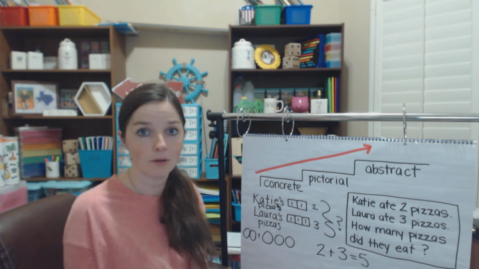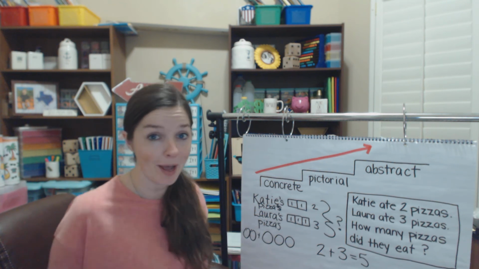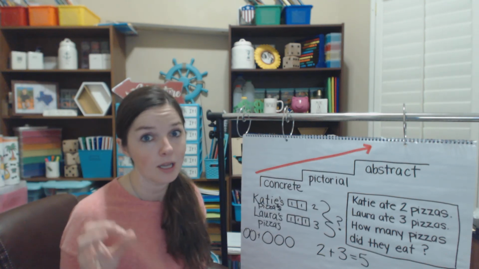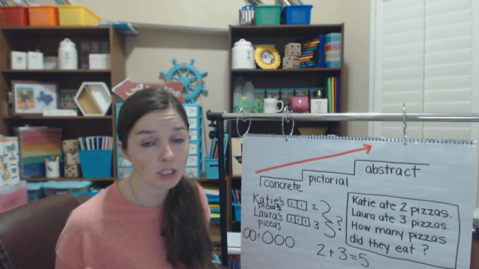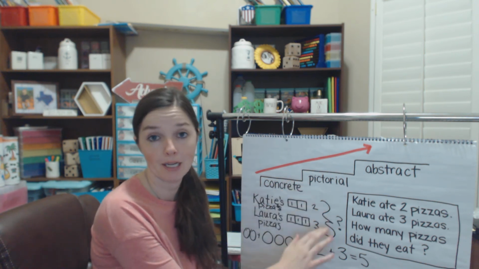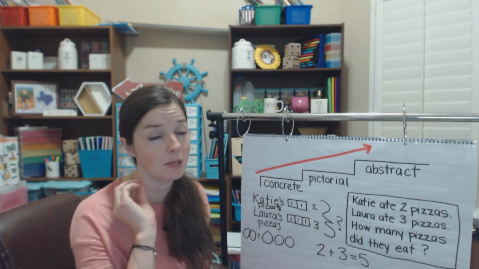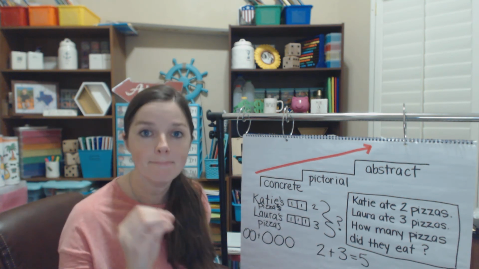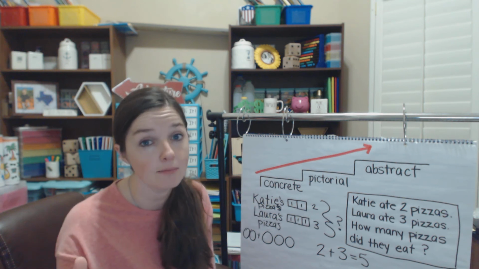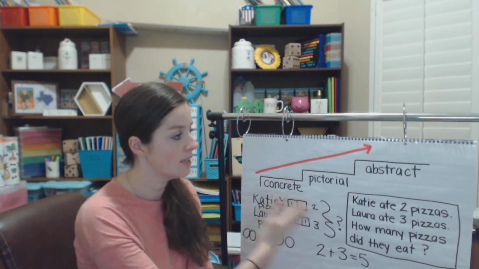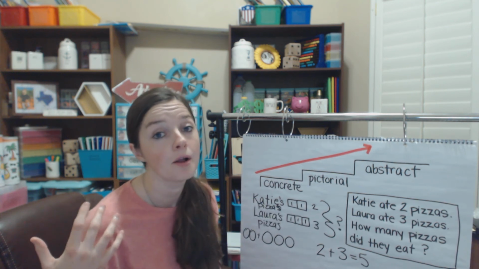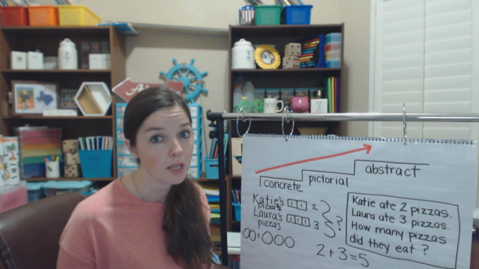In the event that you do lose time and you have to go straight to the abstract, it is going to be critical that in your small group interventions or during guided math, you go back to the concrete and pictorial stages with your students, because a lot of them will miss the conceptual understanding of the concept because they haven't done these 2 prior steps. So just please be mindful of that as you're curriculum planning for the new year.